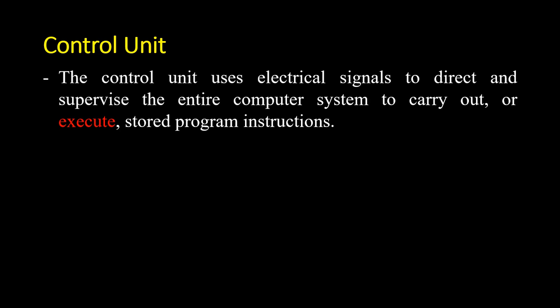So the control unit uses electrical signals to direct and supervise the entire computer system to carry out or execute stored program instructions. Understand the language used. When you say it uses electrical signals, it means that the signals it uses to command are electrical.